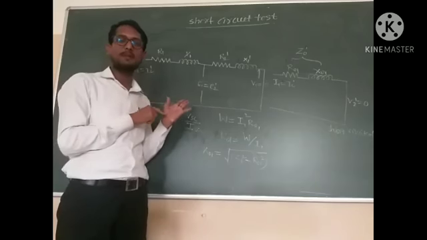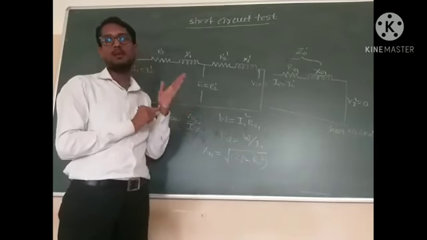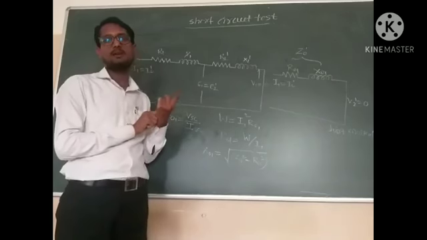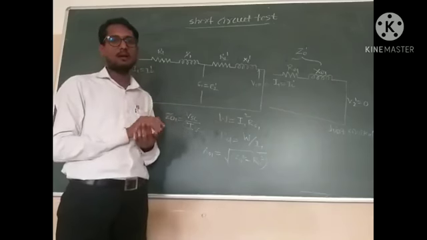Sometimes we can short the LV side by using an ammeter also, to calculate the rated current.